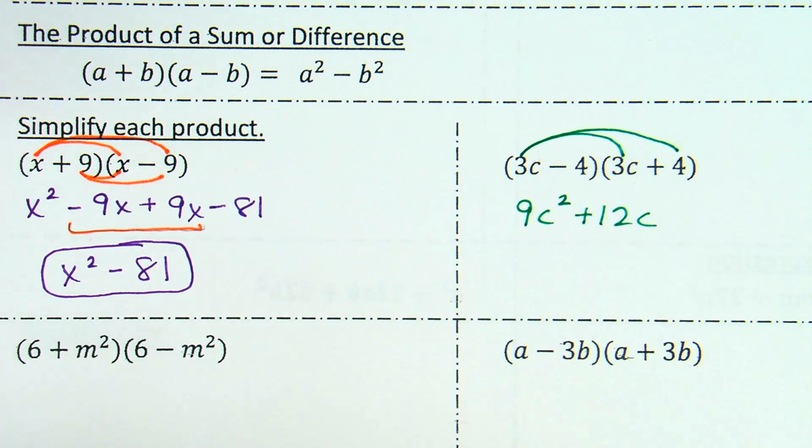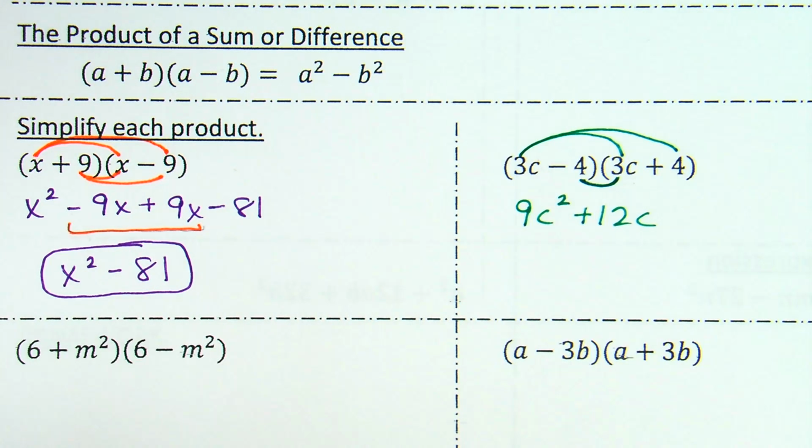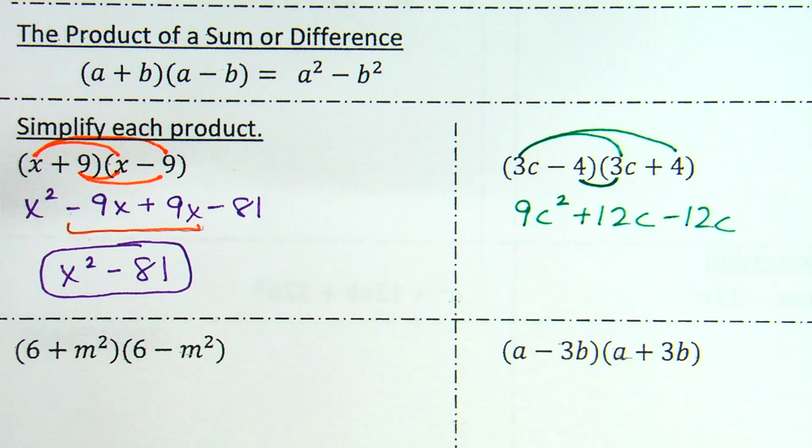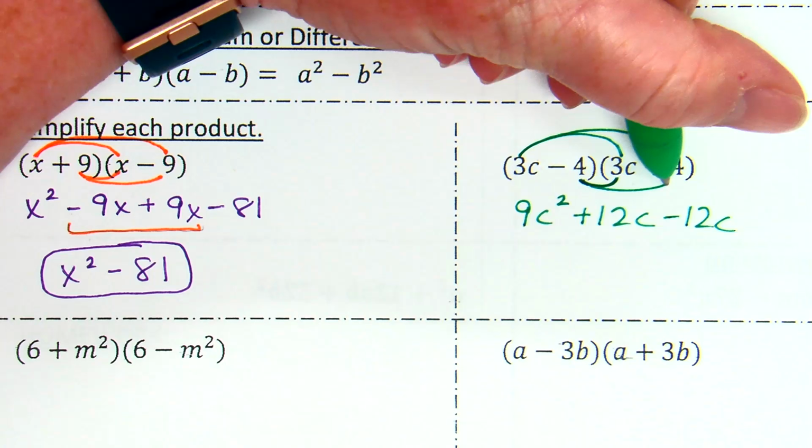Now what? So negative 4 times 3c. That's negative 12c. And lastly, 4 times negative 4.